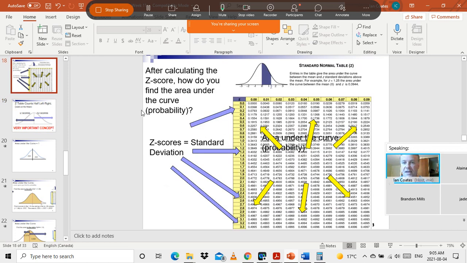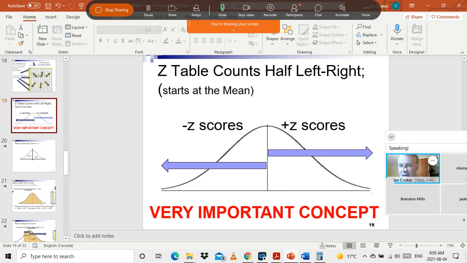This table here, okay, you'll notice that there are no numbers bigger than 0.49999. And I think it's right down here, 4997, okay? There are no numbers bigger than 0.5, 50%, because this table only measures from here and out, which is maximum 50%.